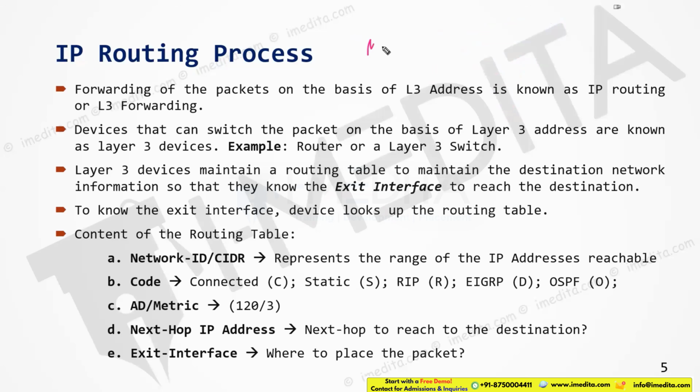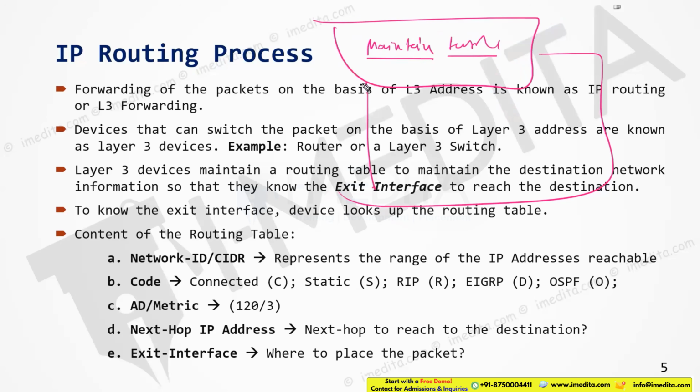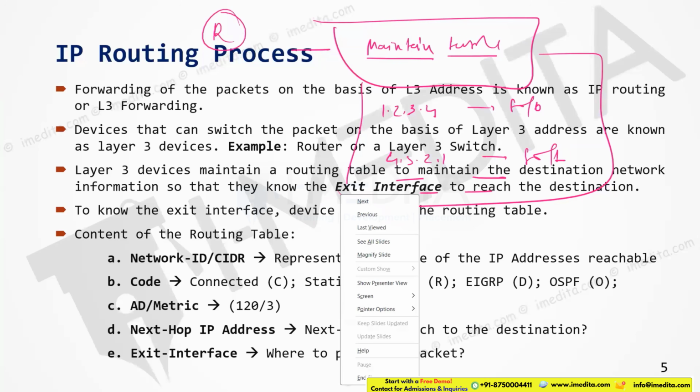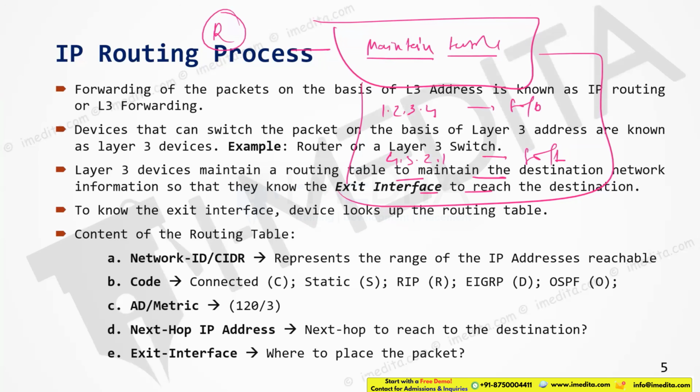So they maintain a table. All these devices maintain a table, and in that table they keep this information: if I want to go to this destination 1, 2, 3, 4, I have to forward the packet out of interface FA0/0. If I want to go to 4, 3, 2, 1, then I have to forward the packet out of interface 0/1, and so on. So these routing capable devices, such as a router or a layer 3 switch, basically maintain a table.